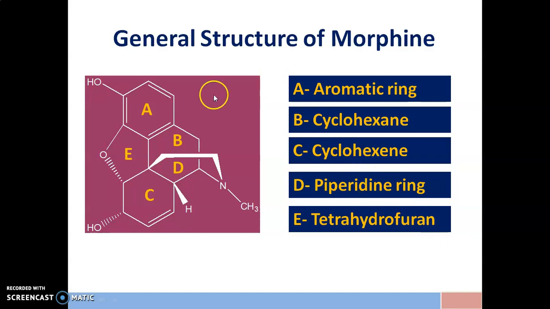You can see here, this is ring A, which is aromatic, this is ring B, a cyclohexane ring, this is ring C, cyclohexene, this is ring D, a piperidine ring, and this one is ring E, a tetrahydrofuran ring.